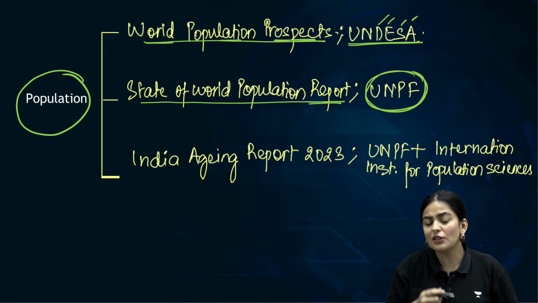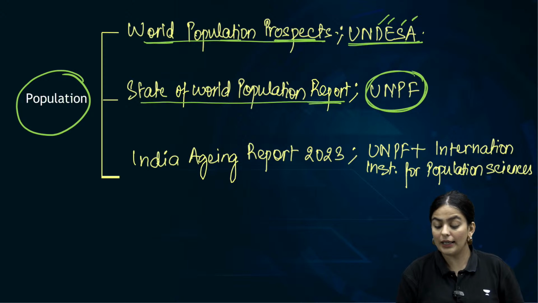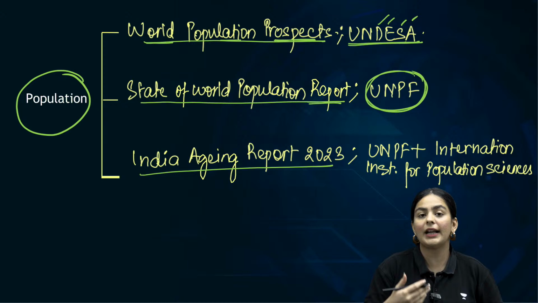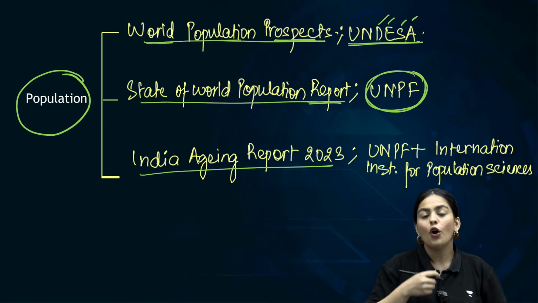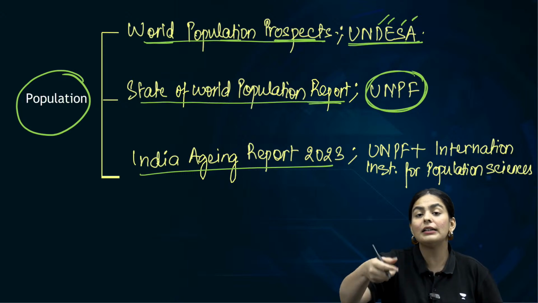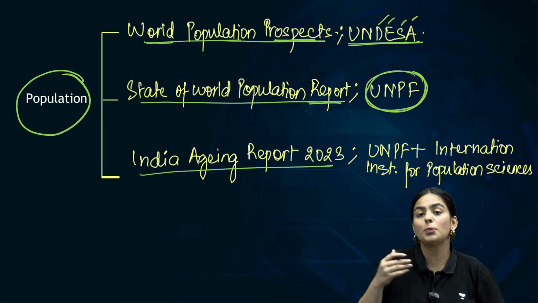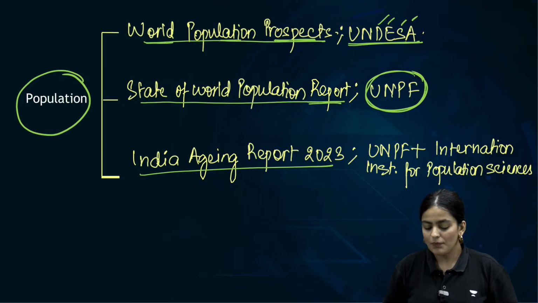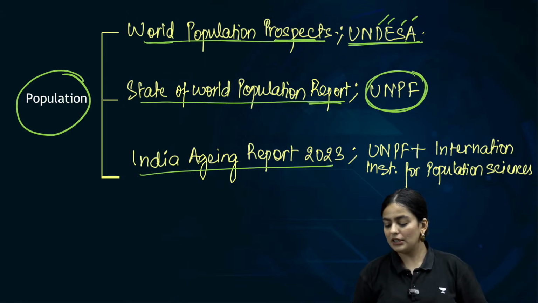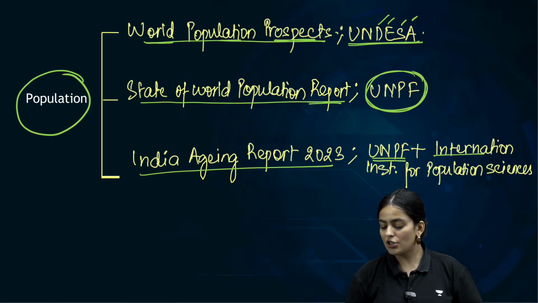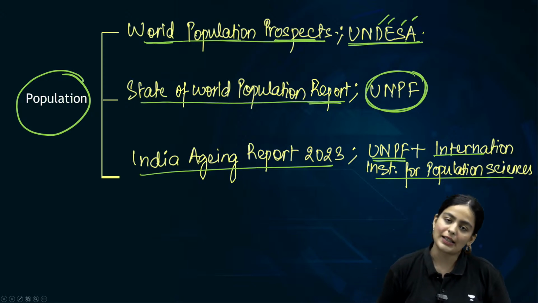When you talk about a specific report, which is India Aging Report 2023, it talks about the trends that India's senior citizens, the dependent population or the aging population, might increase in the years to come, maybe by 2050, and therefore we should also be ready when it comes to healthcare, social security, etc. India Aging Report 2023 is also produced by UN Population Fund and International Institute for Population Sciences.